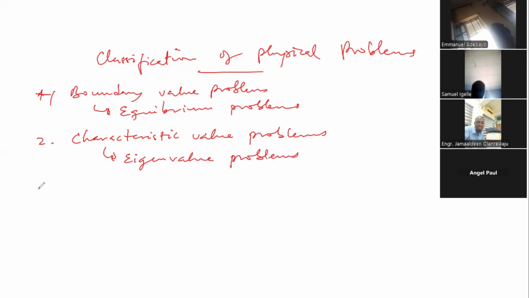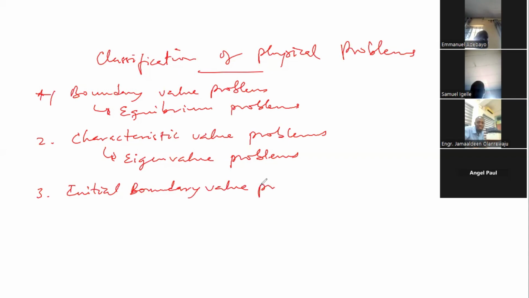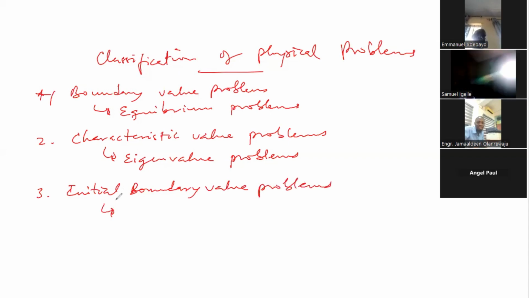And then we have a third group that we call the initial boundary value problems, which I think one of us mentioned while we were trying to summarize the introduction to this course, the propagation problem.